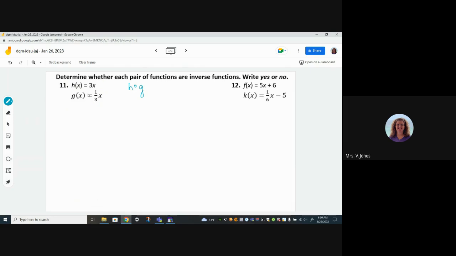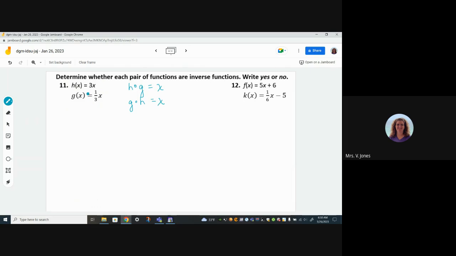Okay, that is where you take the function g and you plug it into h. If that is equal to x, then it might be a function. But then you have to go and check to make sure that if you switch those around, g of h also has to equal x.